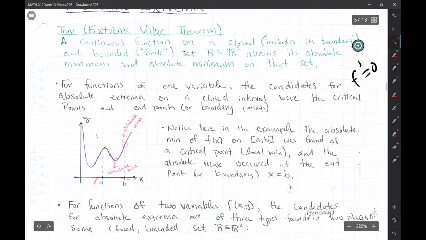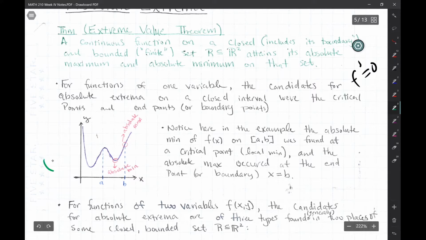And we're only considering the interval a, b, so we don't have to worry about what's going on outside that interval. And it's important that we have a closed and bounded set there to guarantee us that we'll be able to find the absolute max or min.